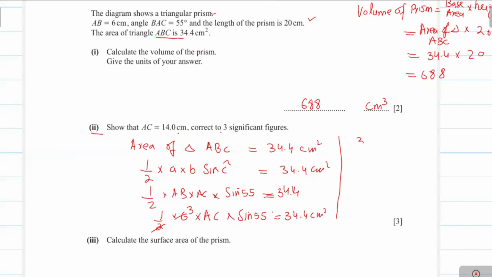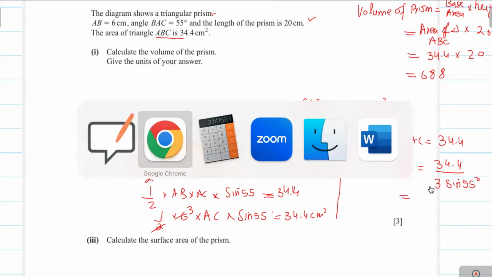Therefore, 3 into sine 55 into AC will be equal to 34.4, and AC will be equal to 34.4 over 3 into sine 55 degrees.